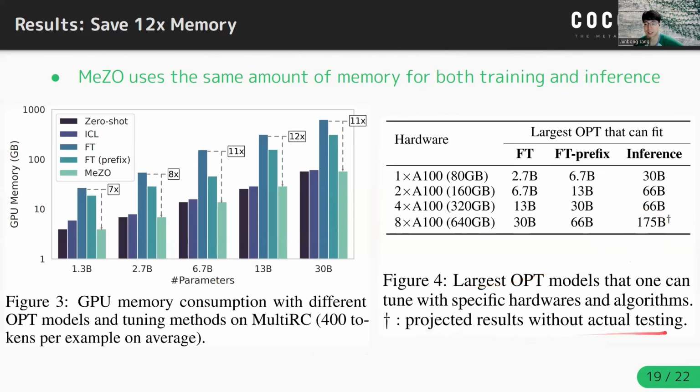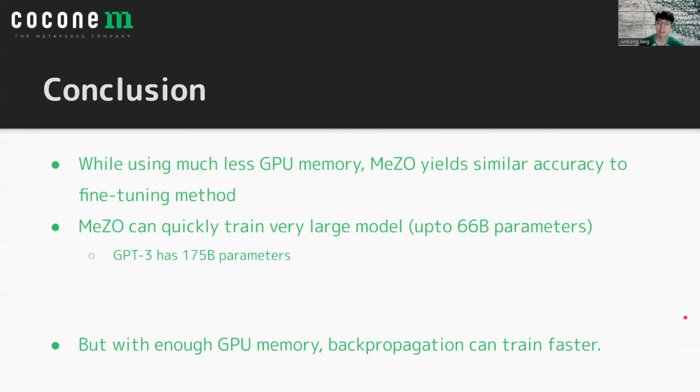They just projected without actual testing. But with enough GPU memory, backpropagation can train faster. So if you have enough money, I guess you can just get a bunch of A100 GPUs to train GPT-3 instead of using MeZO, which might yield lower accuracy and much longer training.